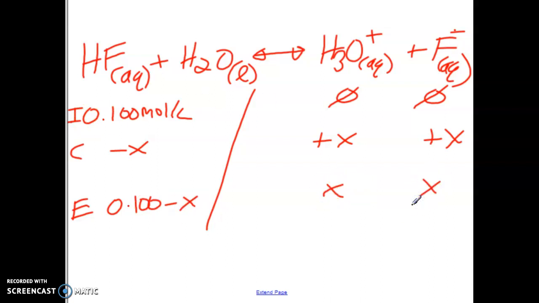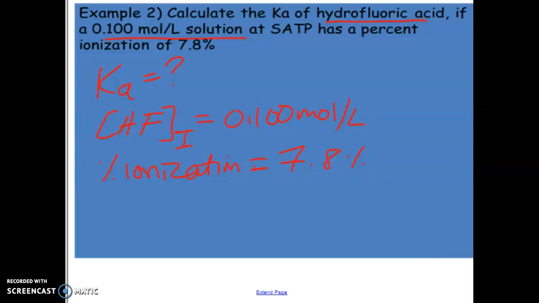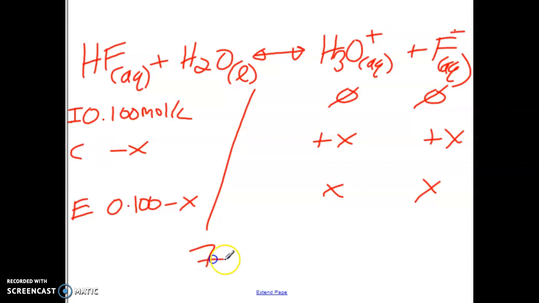Now the next part that's going to help us out is this percent ionization. If you recall, percent ionization tells us how much product was made. So essentially, X is really equal to how much product was made.